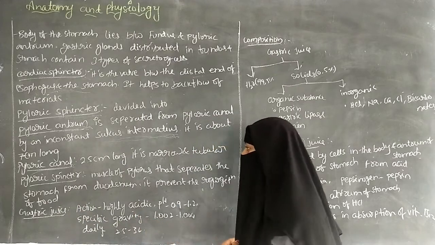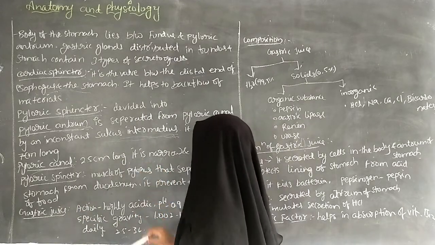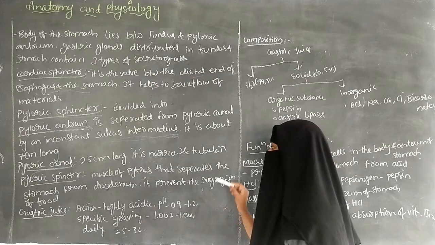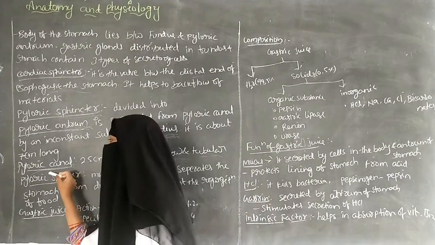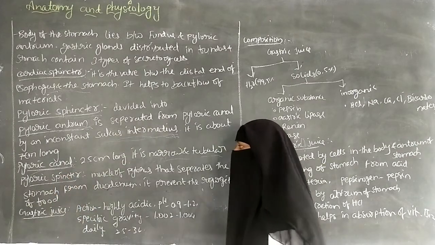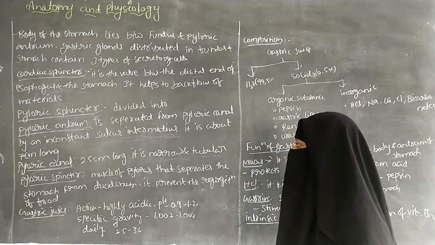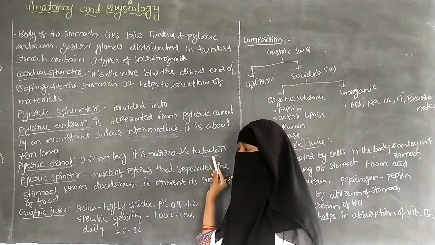The pyloric canal is 2.5 centimeters long, narrow and tubular.